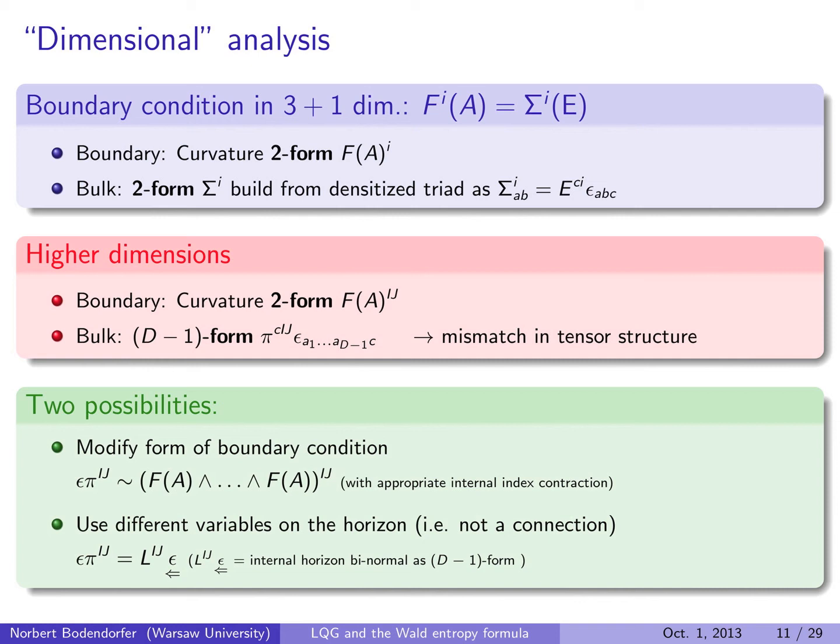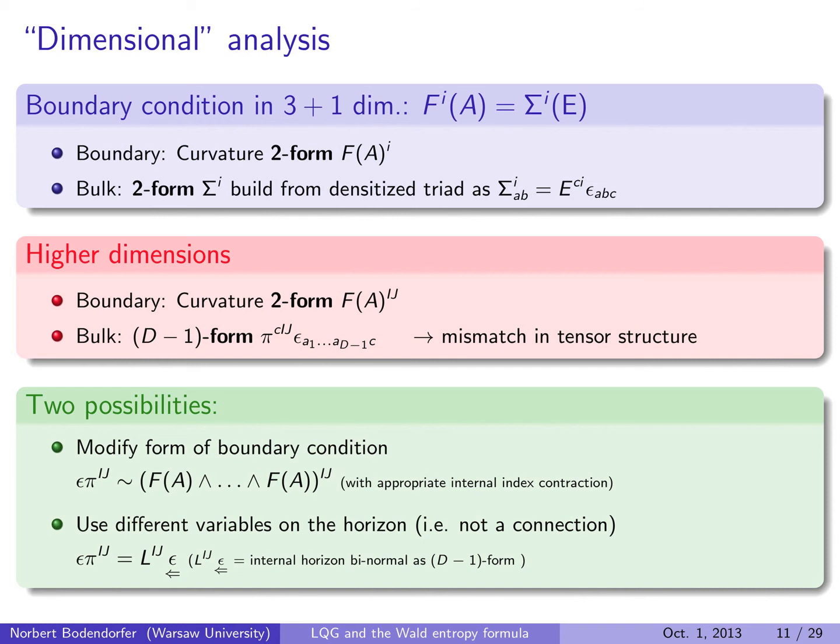That gives you a 2-form, and now you have a 2-form which is Lie algebra valued. The curvature is also a 2-form which is Lie algebra valued. So the equation F equal to sigma makes sense. So it makes mathematical sense because on both sides you have the same tensor and internal structure.